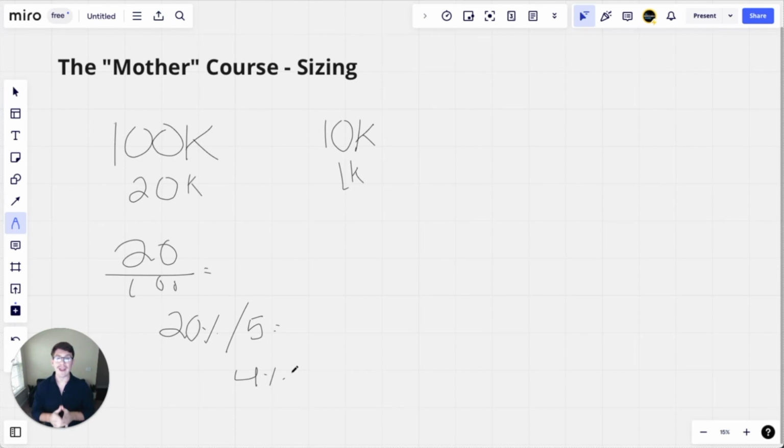Now that I know I have a 4% risk per trade, what does that look like in terms of sizing? What is 4% of my account size? 4% of 100,000 is 0.04 times 100,000, which is 4,000. That means I'm risking $4,000 per trade. Now, what does that look like in sizing?